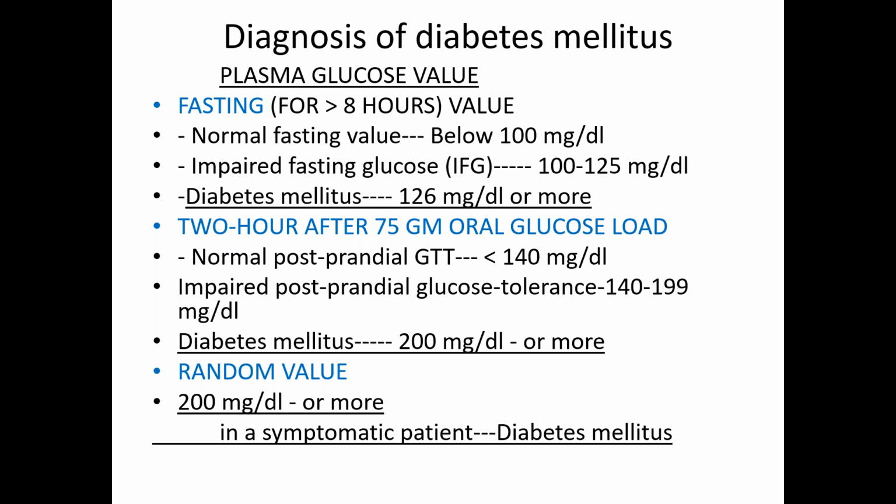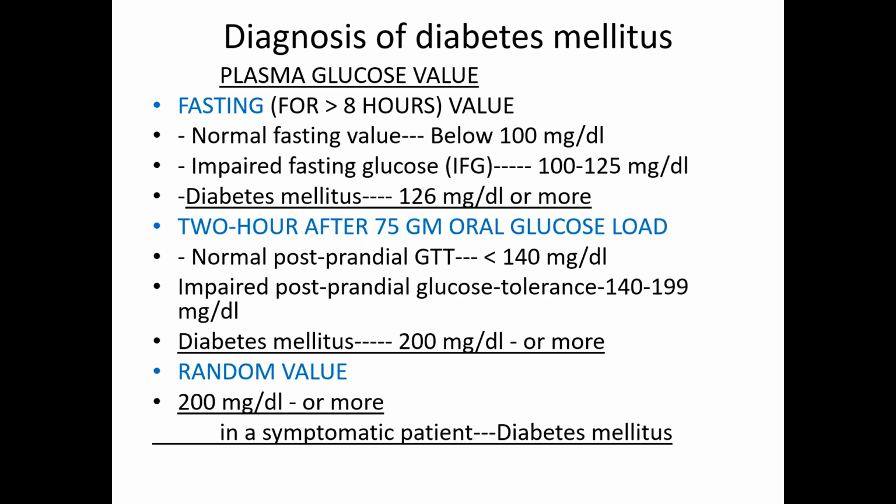But urinary test, glycosuria, must always be confirmed by examination of blood. Plasma glucose value is defining for diagnosis of diabetes mellitus. This is the confirmative test. Urine test is a screening test. It can be done on many patients who are suspected of having diabetes, but confirmation must always be done by examination of plasma glucose levels.